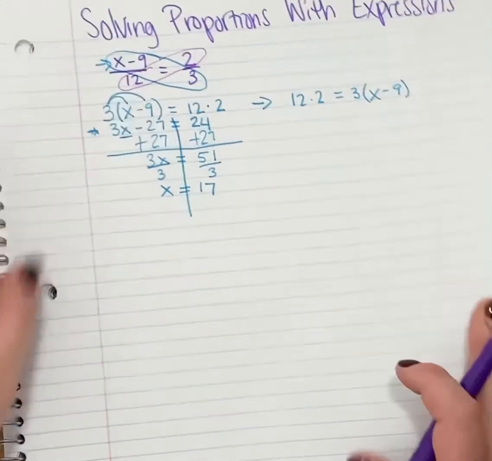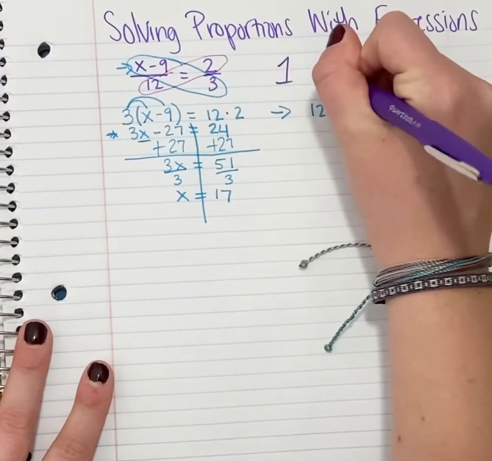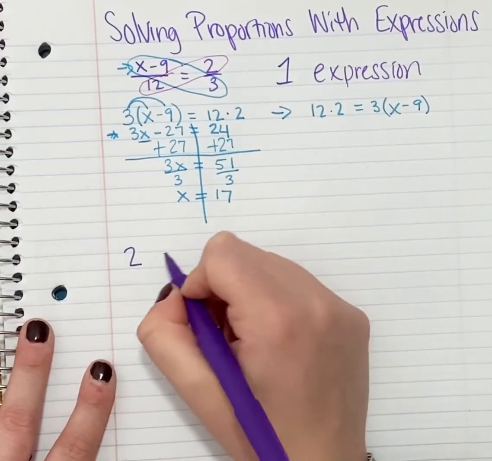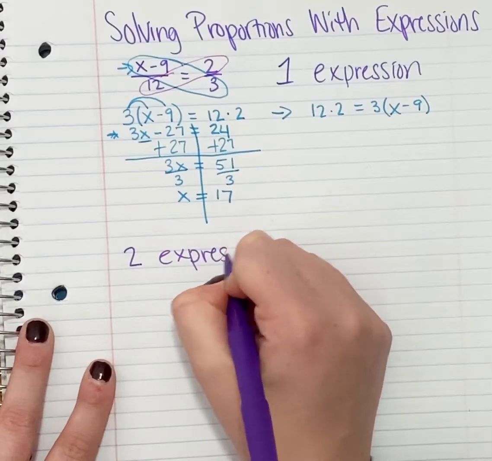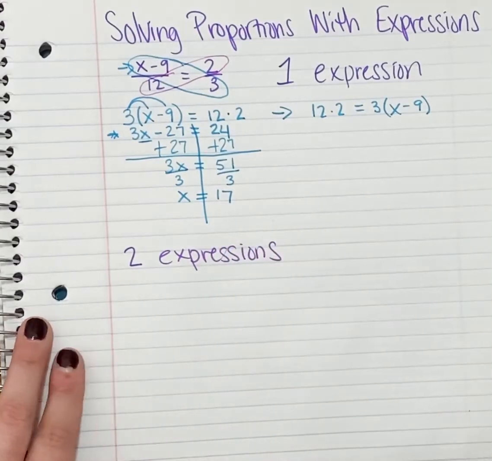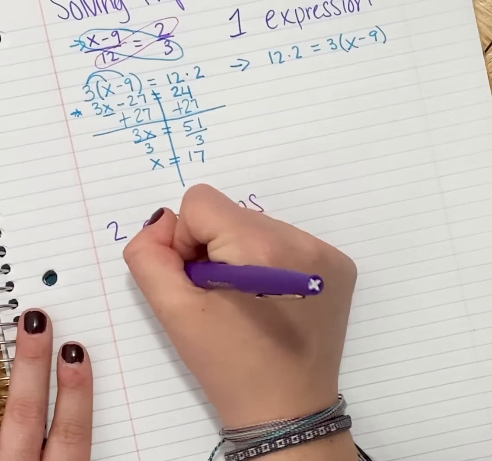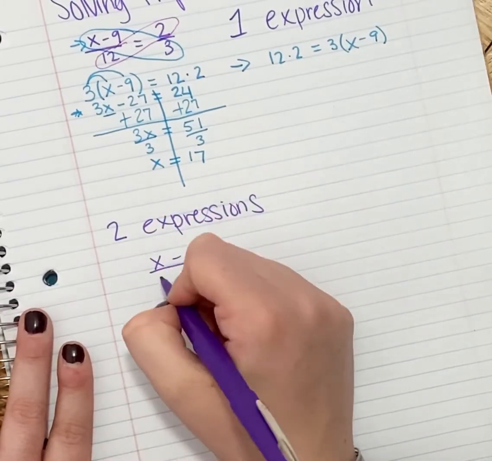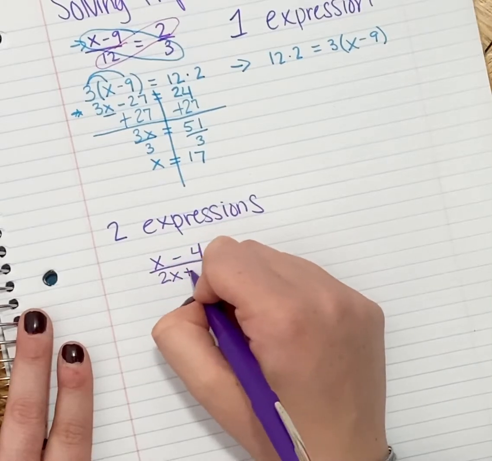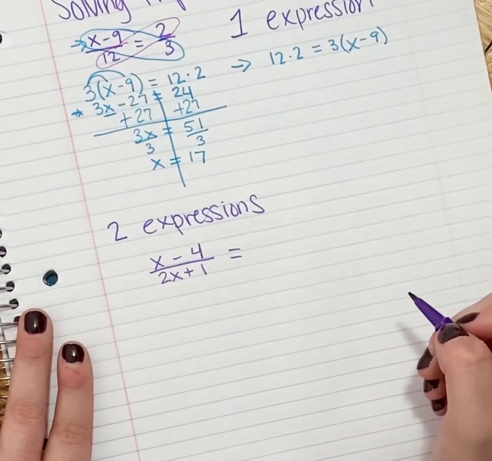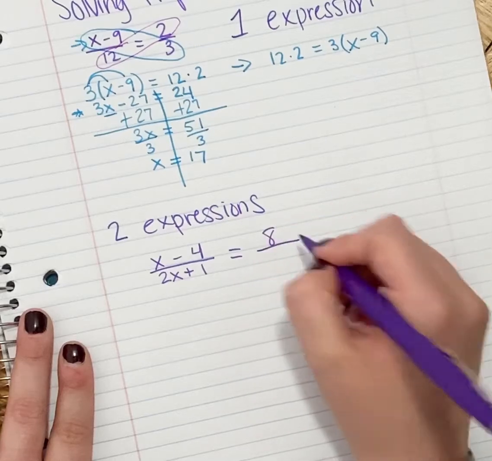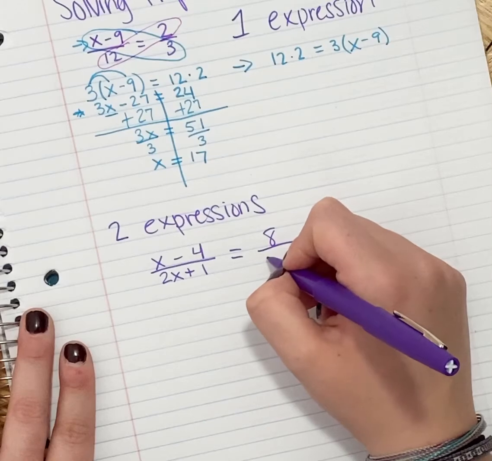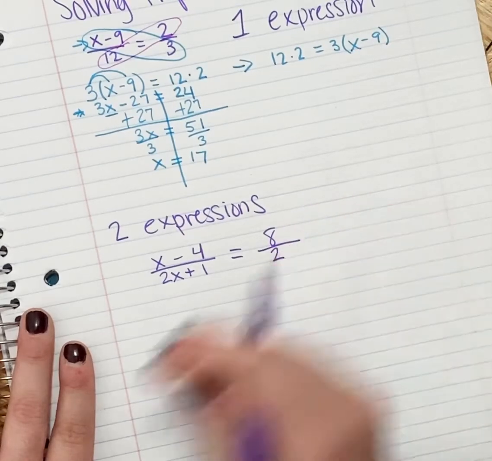So here we had one expression, but for our next one, we're going to have two expressions. Let's do x minus 4 over 2x plus 1 equals 8 over, let's go with 2.